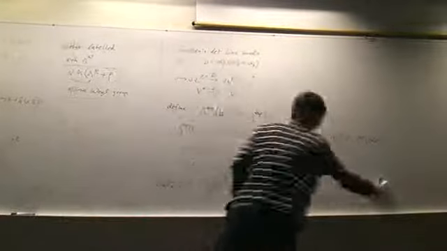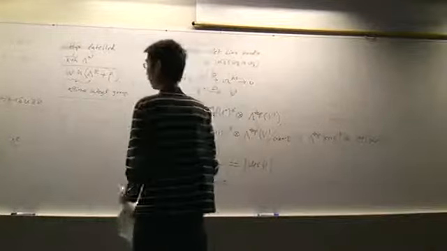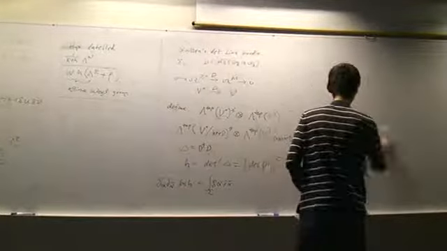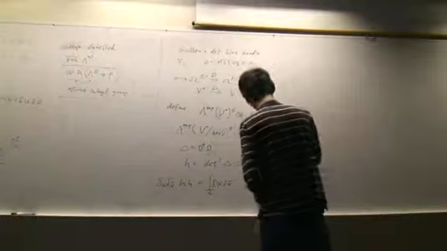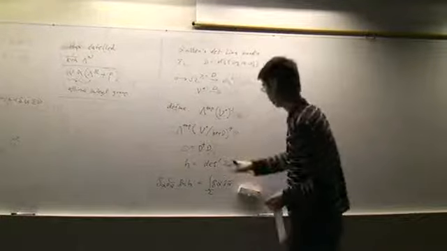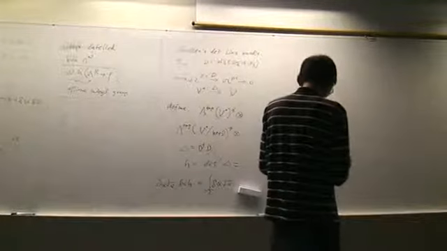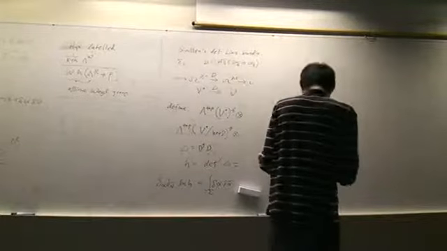Okay, let's make the punch. As usual, whenever you see this sort of delta function, a good idea is to regulate it using the Riemann zeta function, and that's what we shall do.